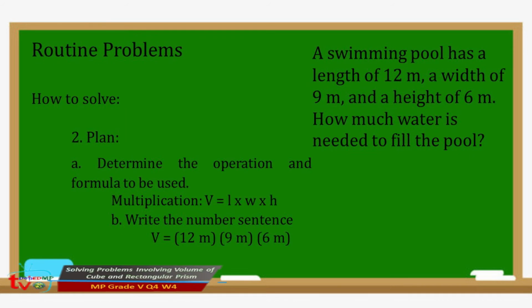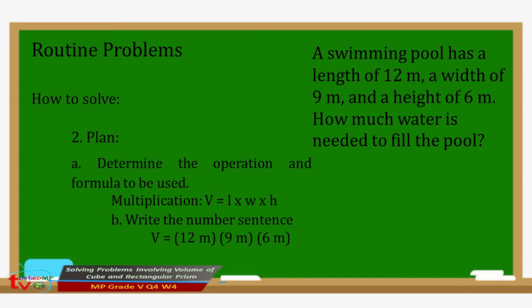Next step, we need to plan. Let us devise a plan in order to solve this problem. First, we need to determine the operation and formula to be used. Basing on the given data and what is asked in the problem, we can say that multiplication will be used in this problem. And since the pool is an example of a rectangular prism, we are going to look for its volume.